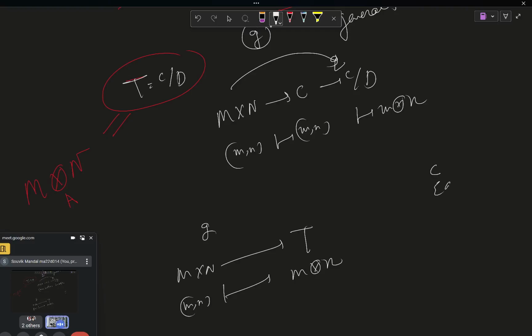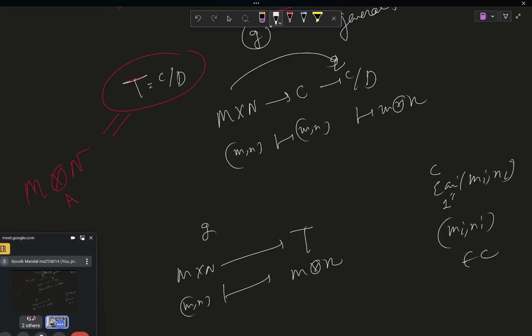Elements of C are of the form summation a_i (m_i, n_i), right? Correct. But anyway, (m_i, n_i) is an element of C, because we are taking a_i to be one in that case, right? Okay. Understand?